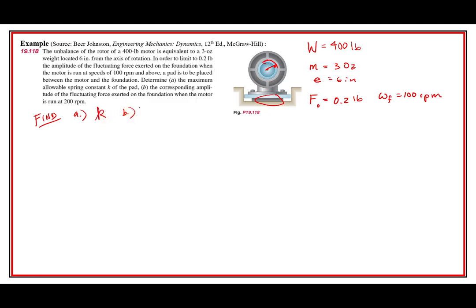B, the corresponding amplitude of the forcing function. The corresponding amplitude of the fluctuating force exerted on the foundation when the rotor hits 200 RPM. Am I getting the right problem? The maximum K here and the corresponding amplitude of the fluctuating force.